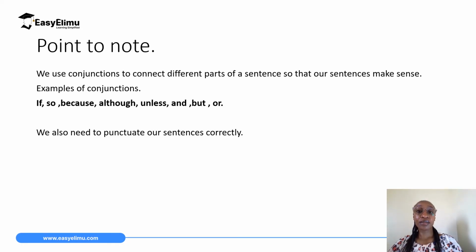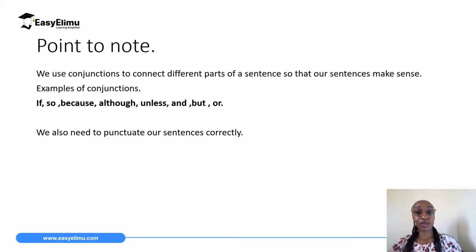So if we say, Anne is running so that she is not late for school. If you remove the word so in that sentence, it will not make sense. Anne is running not late to school does not make sense. But when you say Anne is running so that she is not late to school, it now makes sense.